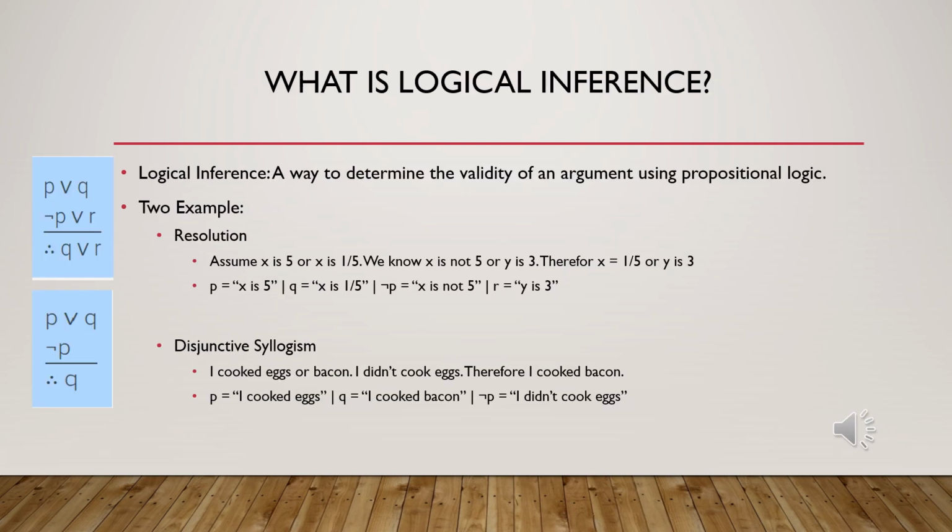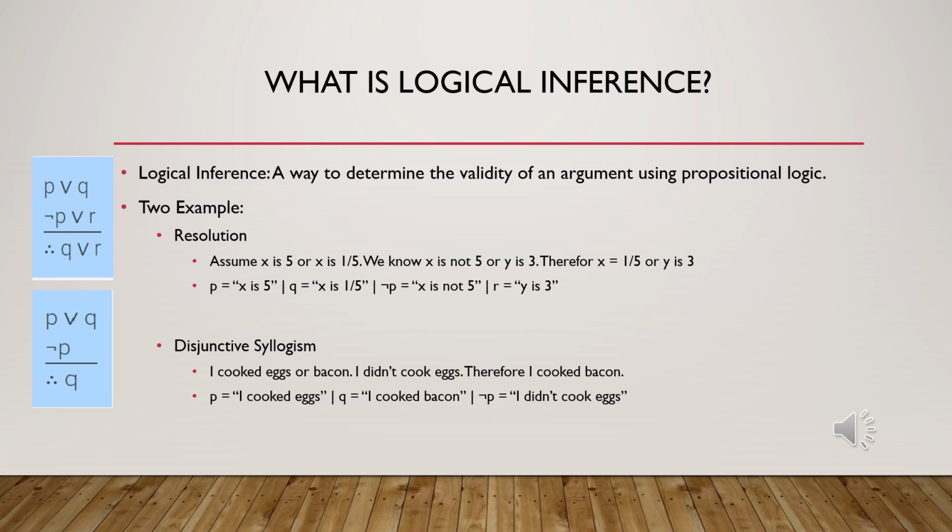What is logical inference? That is a great question. Logical inference is a way to determine the validity of an argument using propositional logic. The two examples I'm using from the side books are resolution and disjunctive syllogism. The example for resolution is: assume x is 5 or x is 1/5.